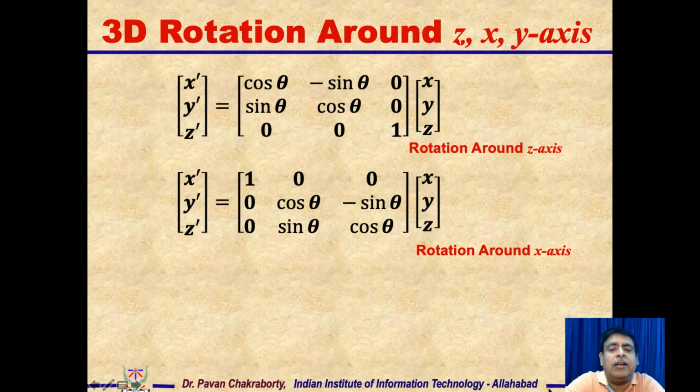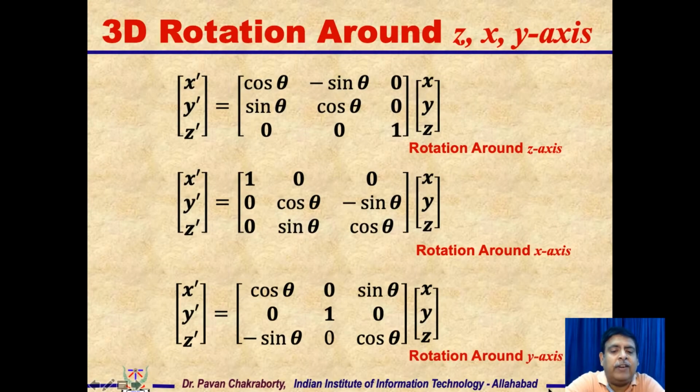If I rotate around the x-axis, the matrix changes, and if I rotate around the y-axis, the matrix is shown as it is here. Please note that, picturesquely, the minus sine theta which was there on the first row has moved to the last row. The sign flips.